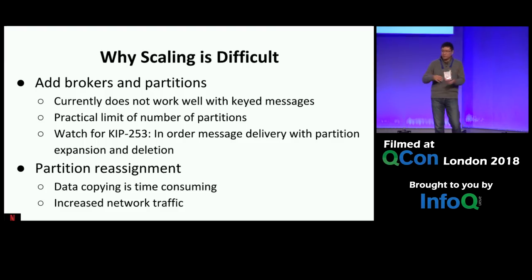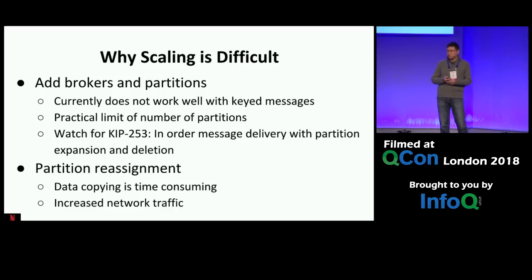There's already some heated discussion going on in the Kafka dev group. This is actually referred to by some users as the holy grail of Kafka scalability, so definitely keep an eye on that.